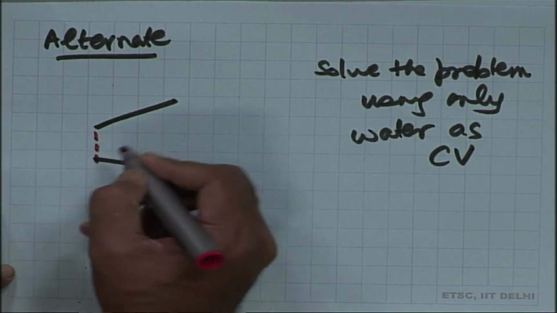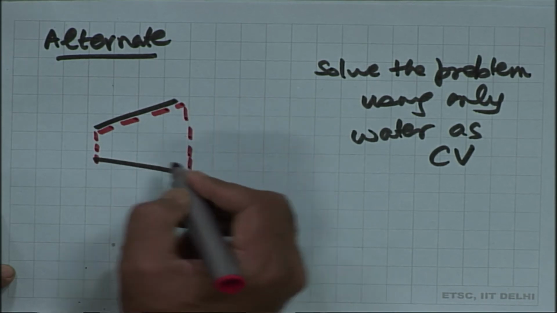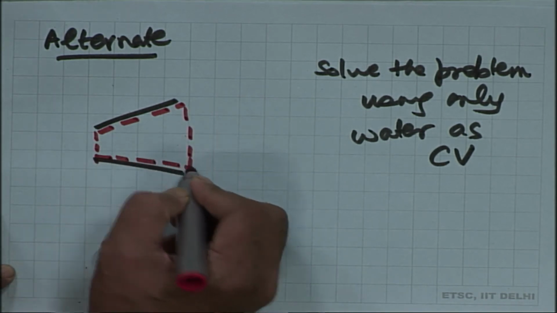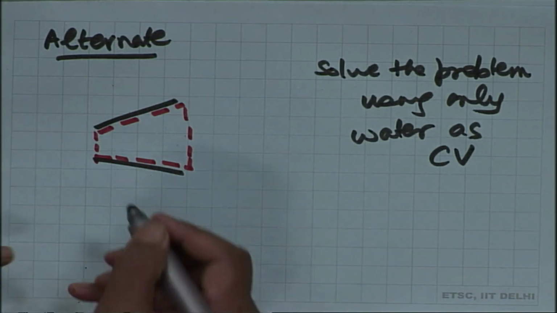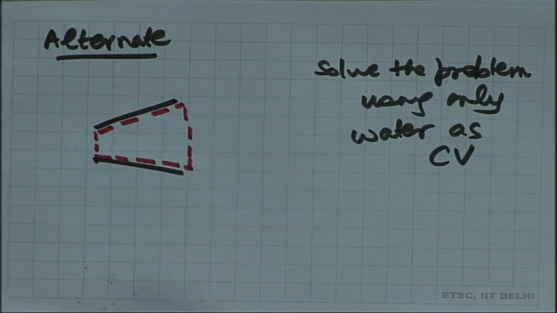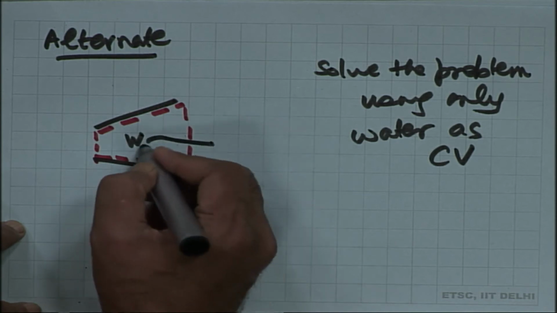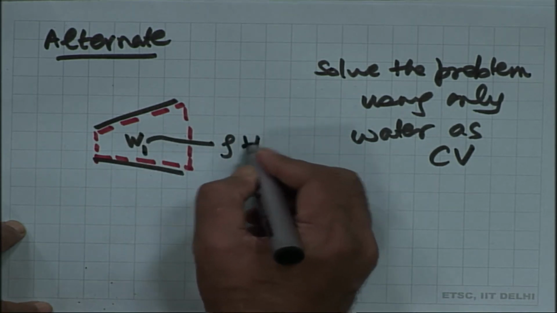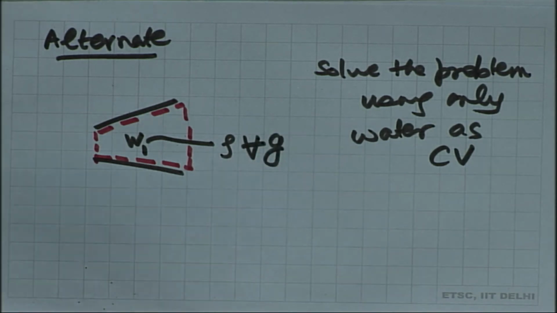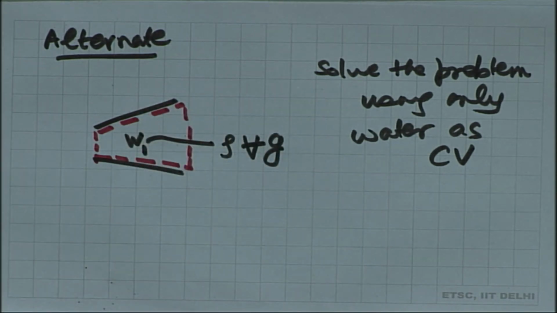That means the second person has a control surface which has the shape of the diffuser. Now the weight of this control volume, W1, will be rho times volume of the diffuser times g. The weight of this control volume in the second choice is only the weight of the fluid.